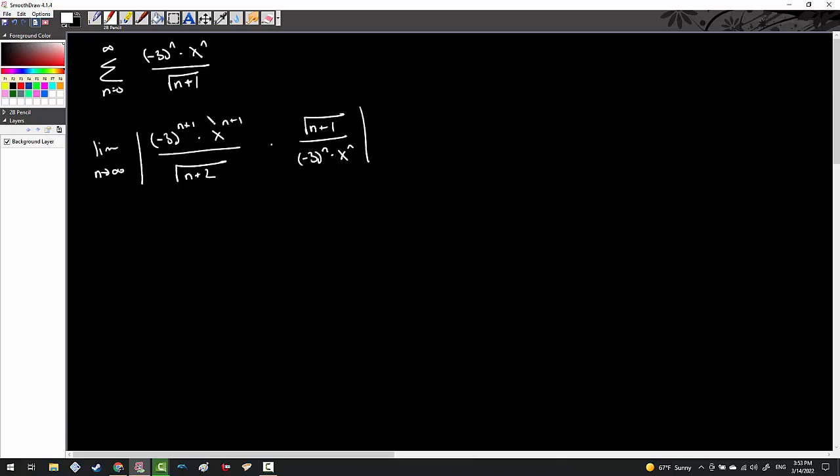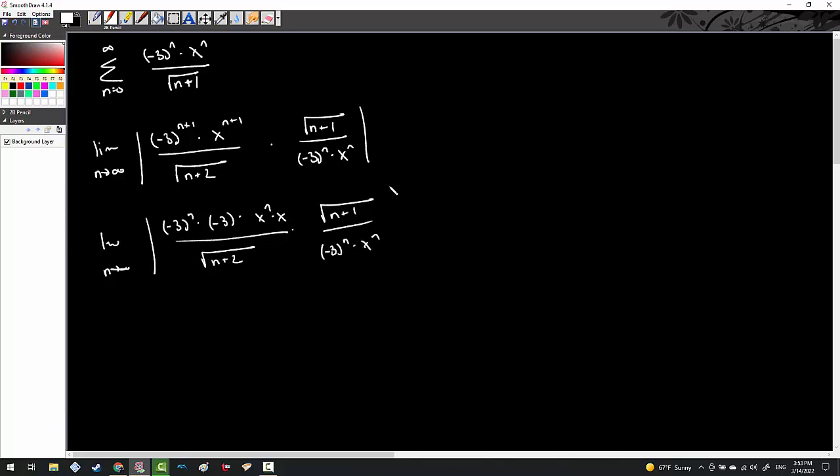So now I'm going to expand this out. The limit as n goes to infinity of (-3)^n times -3 times x^n times x over the square root of n+2 times the square root of n+1 over (-3)^n times x^n.